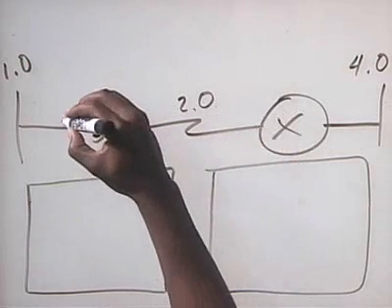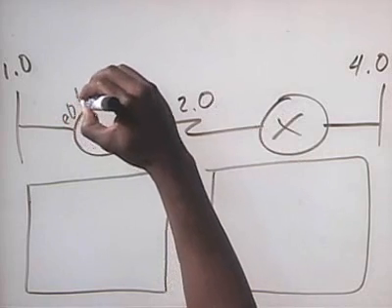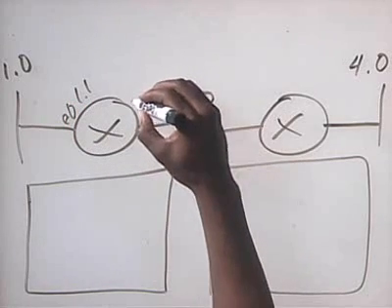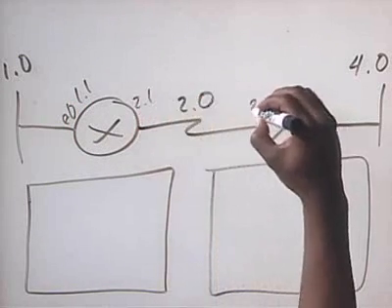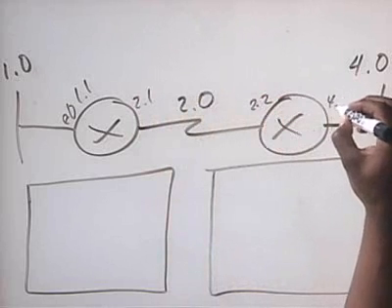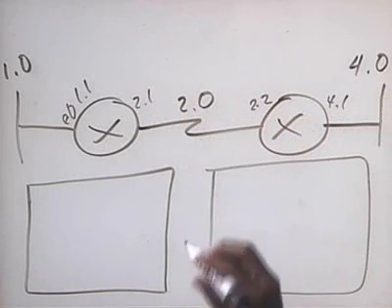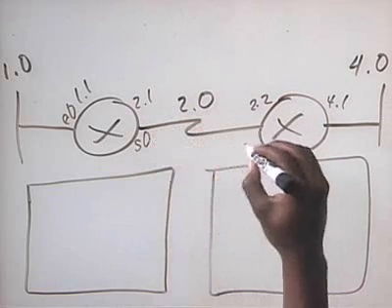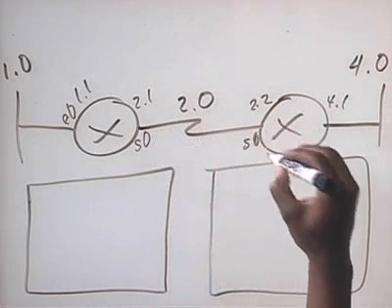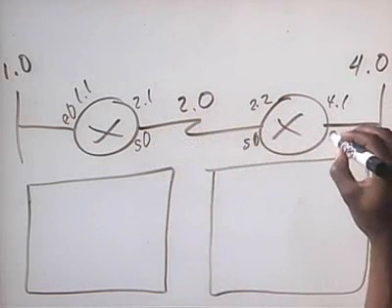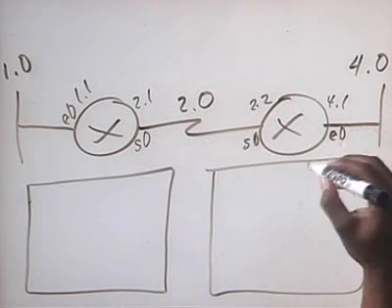This router's Ethernet interface right here is 1.1, 2.1, 2.2, and 4.1 respectively. This is a serial interface on this router, on router B, and then of course an Ethernet interface on this router.